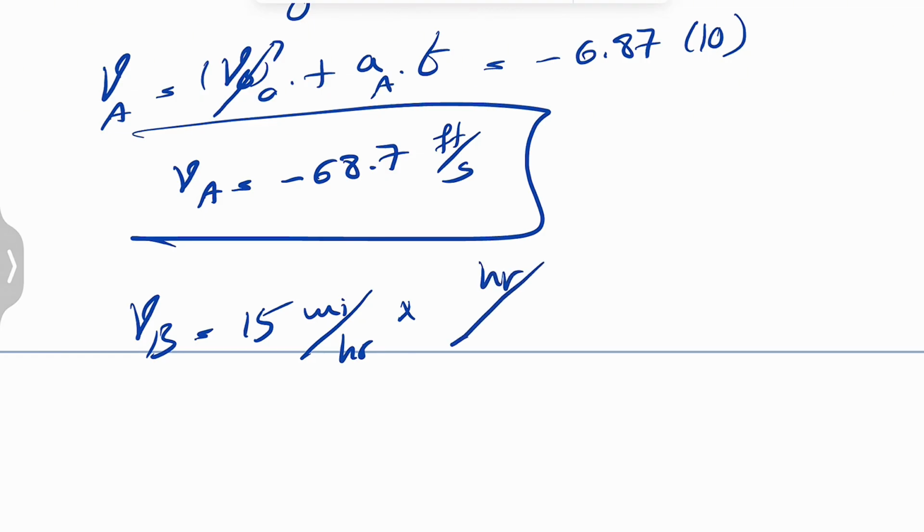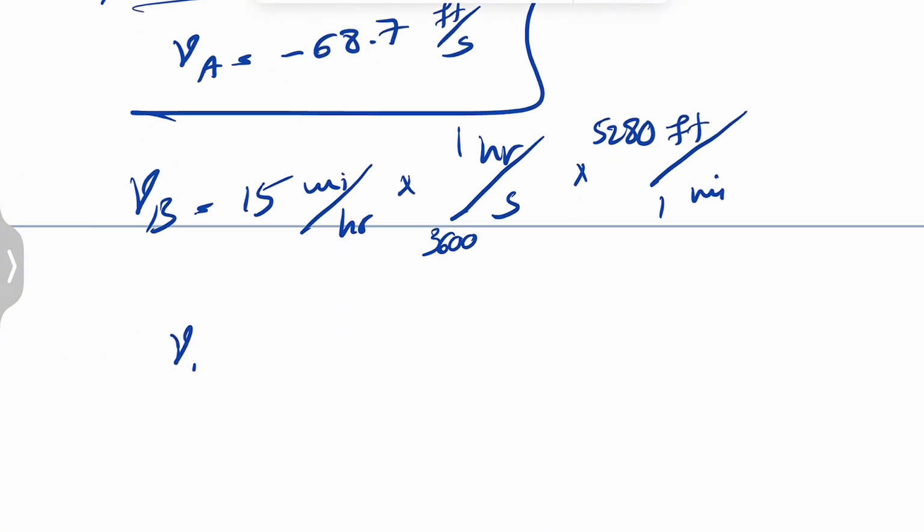We know 1 hour is 60 minutes, and 60 times 60 is 3600 seconds. And we also know 1 mile is 5280 feet. And that's going to give us the velocity of B.